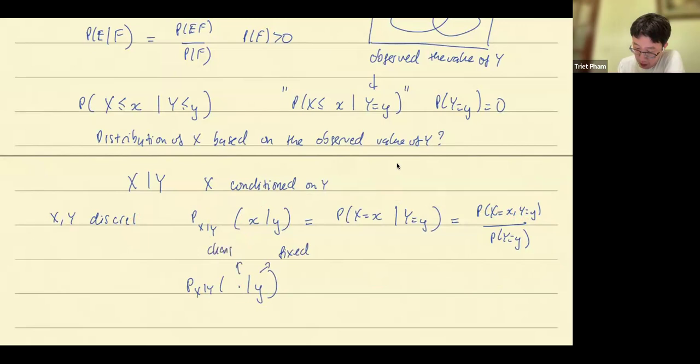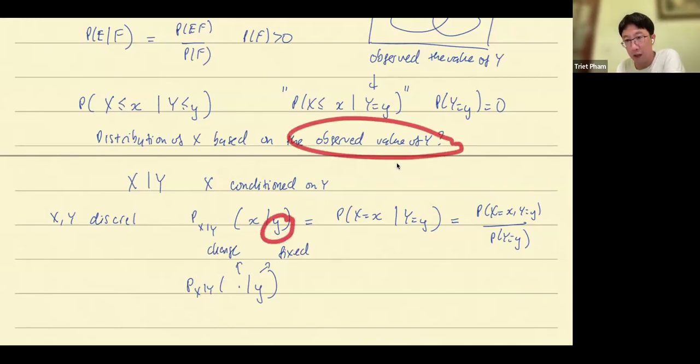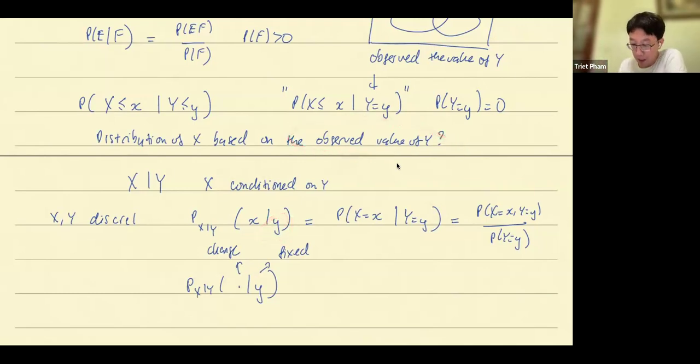So x here is the variable, and y is fixed. Going back to the idea that you observe a value of y, it's fixed here, and this x is just different scenarios you're considering given that observed value. Is that okay?